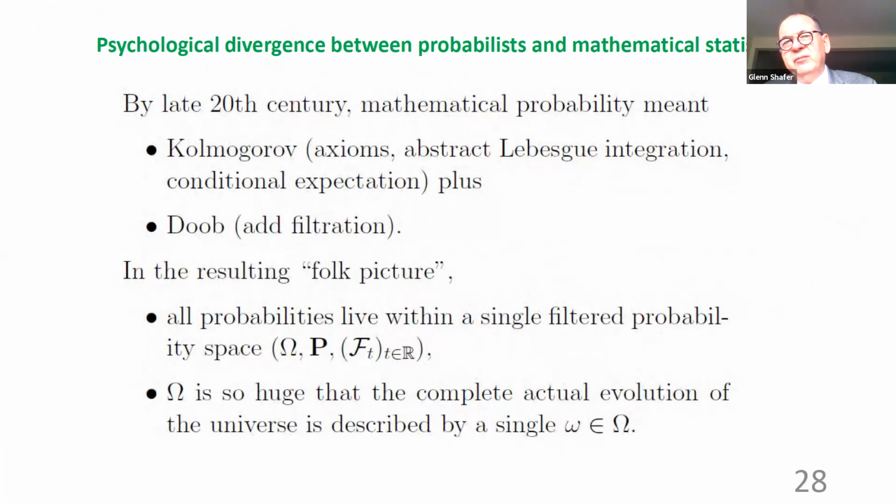So I've already said this, haven't I? That there's a psychological divergence between probabilists and mathematical statisticians. By the late 20th century, mathematical probability meant Kolmogorov's axioms. I don't know how many of you have looked at the definition of conditional expectation.